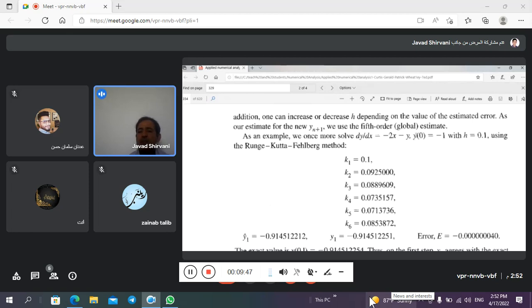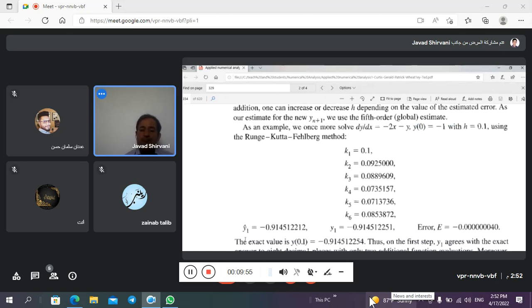At step 0 we have minus 1 for y, as you can see here, and the value for y hat according to the given formula we talked about, and the value for y1 is here, and the error for y1, not y hat, is this value, very close to 0.